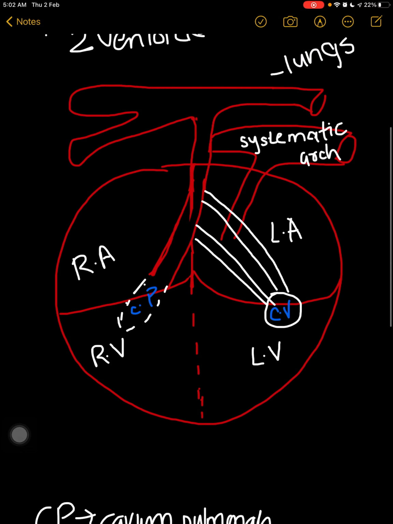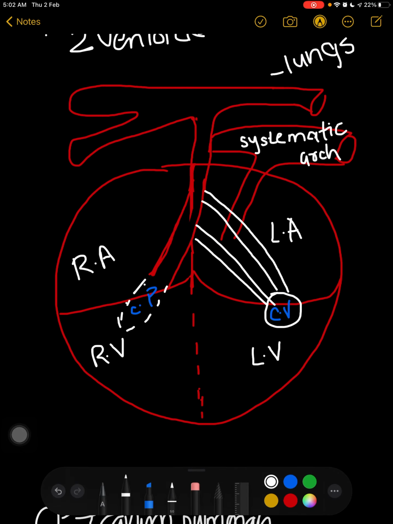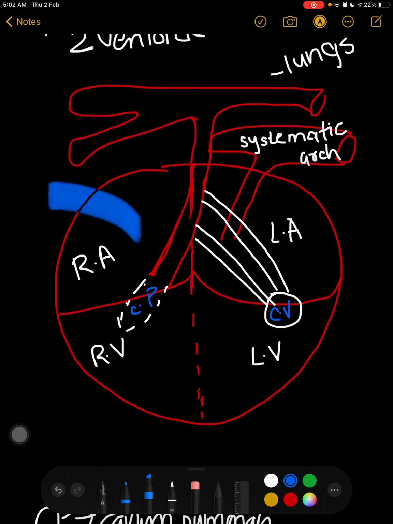So over here what will happen, the deoxygenated blood will come into the right atrium, then it will go into the left ventricle, right? Then after left ventricle it will move to the cavum pulmonalis, right? I'm talking over here about deoxygenated blood.